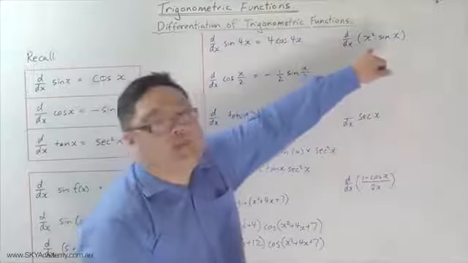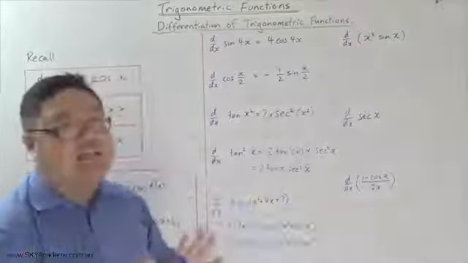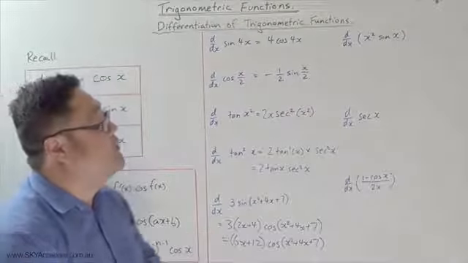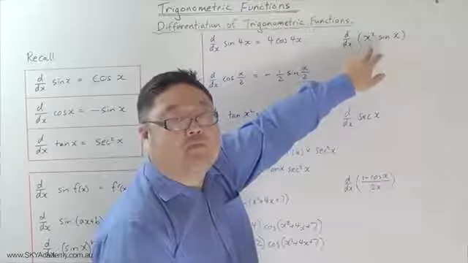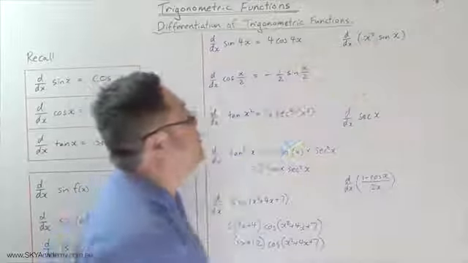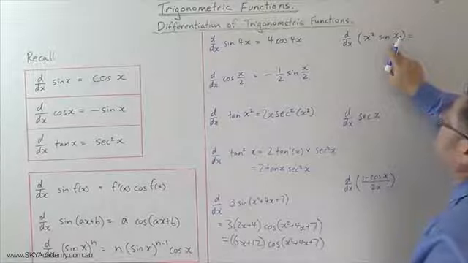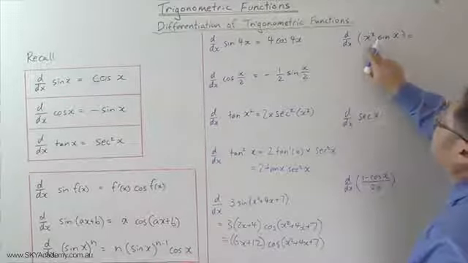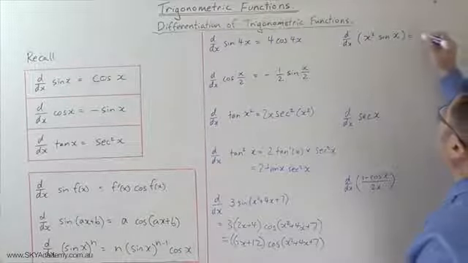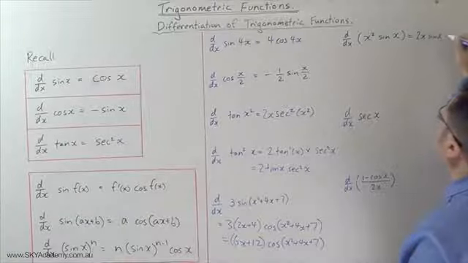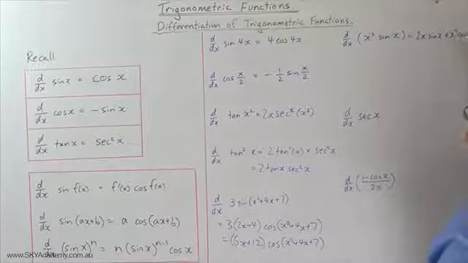Let's look at this example. This is a classic example where you might use the product rule. The derivative of the first times the second plus the derivative of the second times the first. So it's 2x sine x plus x squared cosine x.